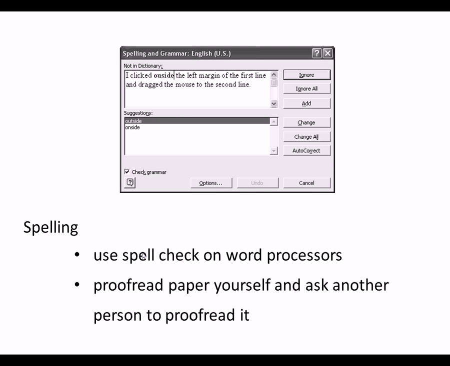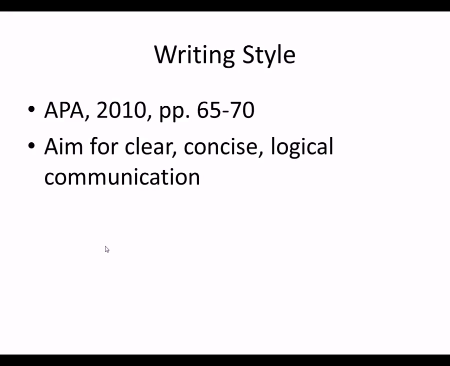All right, spelling. Spelling is something, again, that you need to make sure you are paying particular attention to. You want to use spell check and proofread your papers and your discussion before posting them. And if you're not a good speller, then have someone proofread it first. Writing style. Pages 65 through 70 go over writing style.